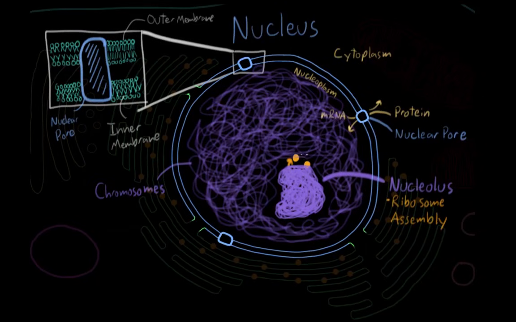And the ribosomes then can be trafficked through the nuclear pore out into the cytoplasm. The ribosomes also have proteins in them, and these proteins are produced in the cytoplasm and are trafficked back into the nucleus where they can be assembled and then make the return trip back into the cytoplasm. So there's lots of stuff moving back and forth in the nuclear pores, but it's very important for the compartmentalization of the nucleus from the rest of the cell.